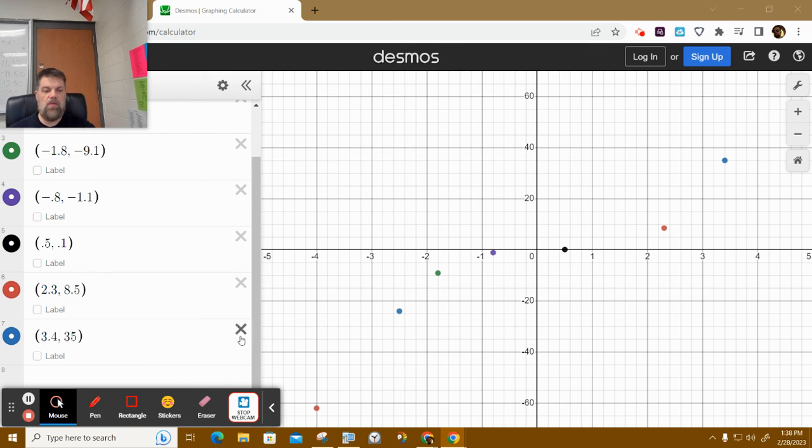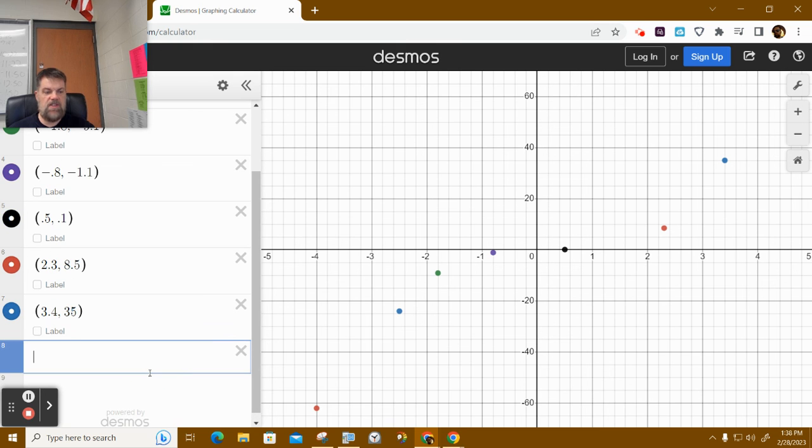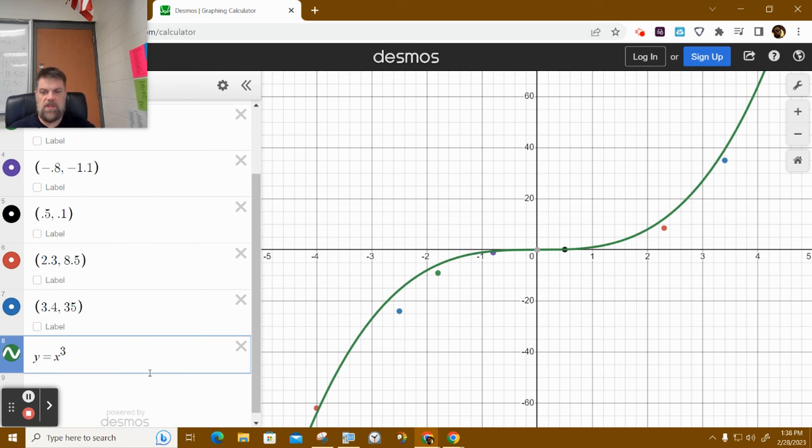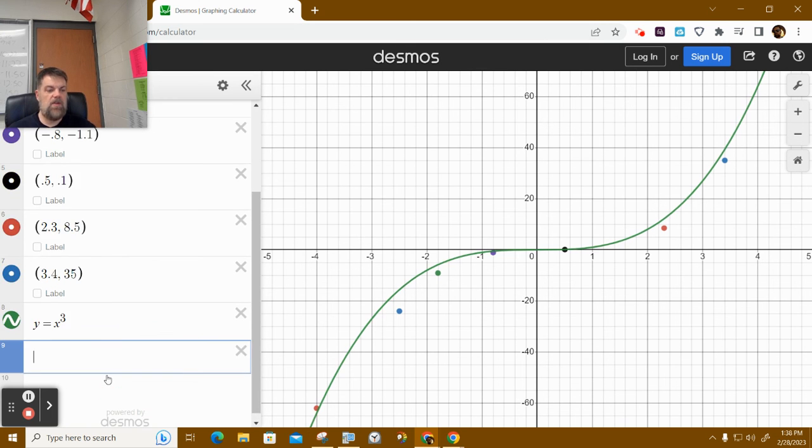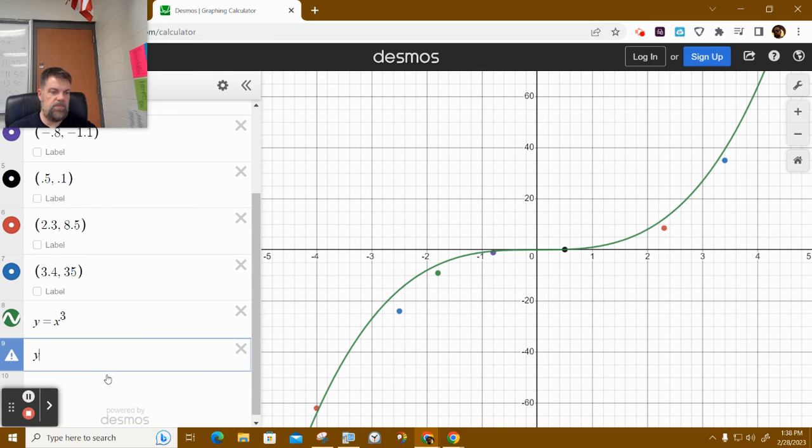Well, what I need to do is graph it. So if I say y equals x cubed, that's pretty close, isn't it? Kinda, but I need to transform it. Let's do it this way.